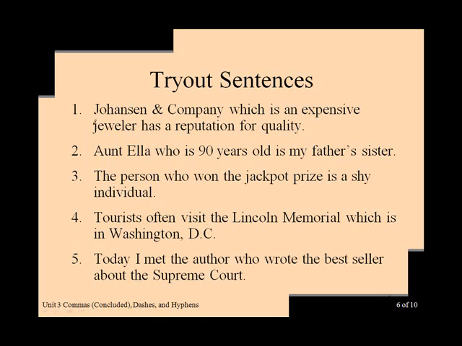Johansson Company, which is an expensive jeweler, has a reputation for quality. Here we've got a dead giveaway because we have which is an expensive jeweler. That whole clause is extra information about Johansson Company. So we'll put commas before and after that clause.